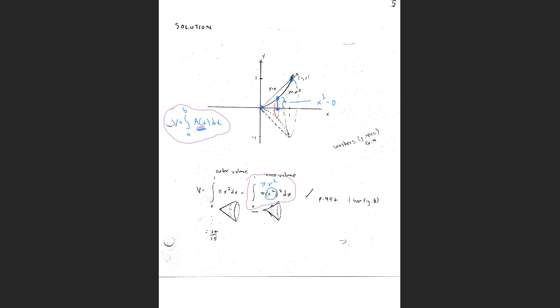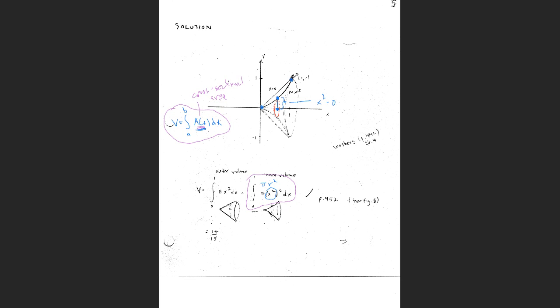A of x is your cross-sectional area. So what would you do to find the volume of the Hershey's Kiss? You would take cross sections of the Hershey's Kiss. Those would be disks with cross-sectional area A of x.